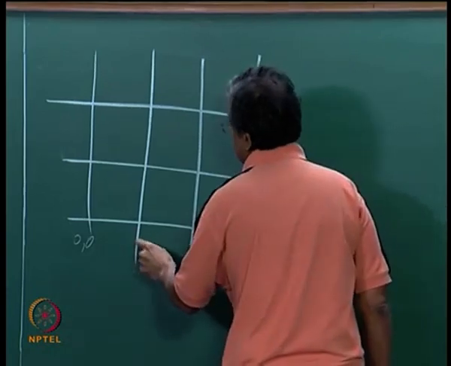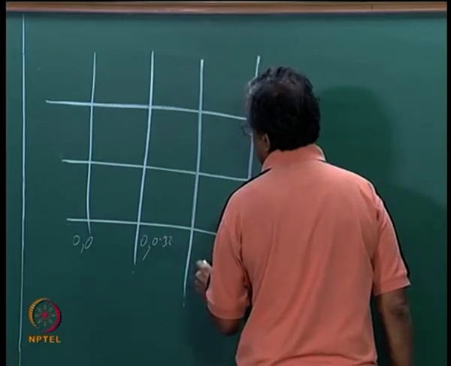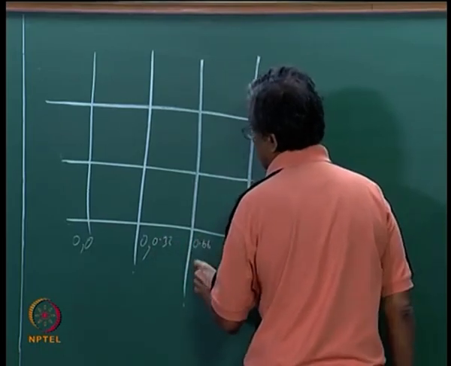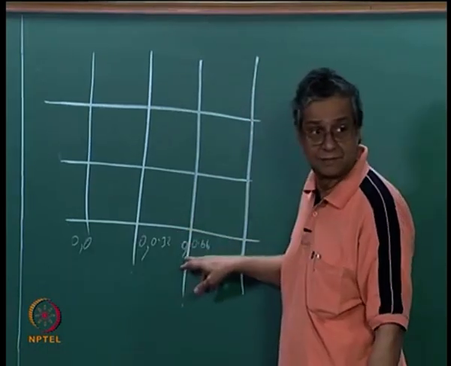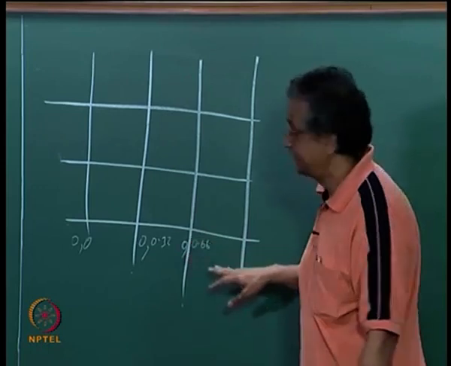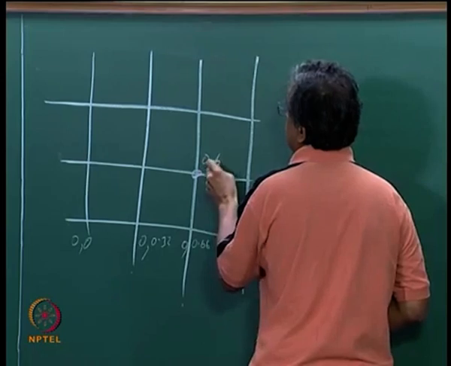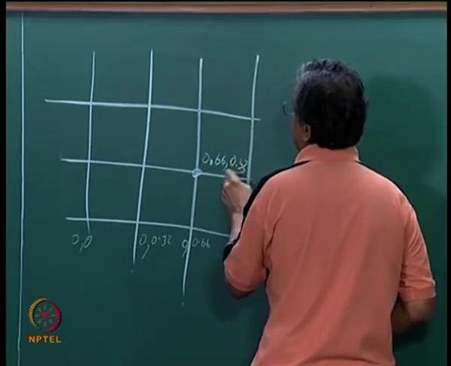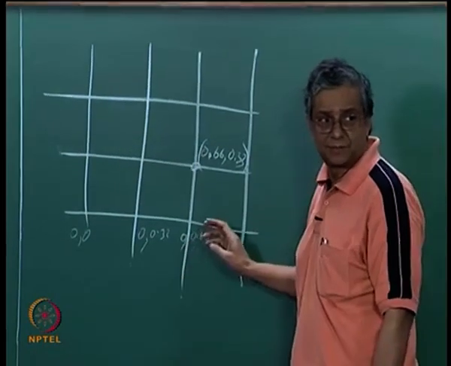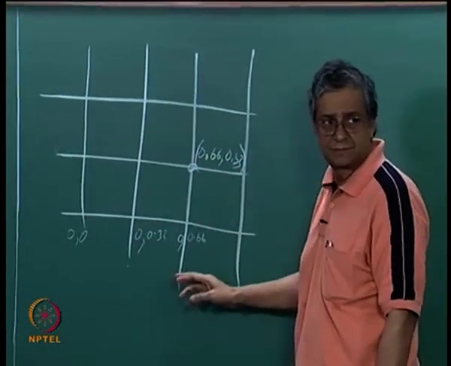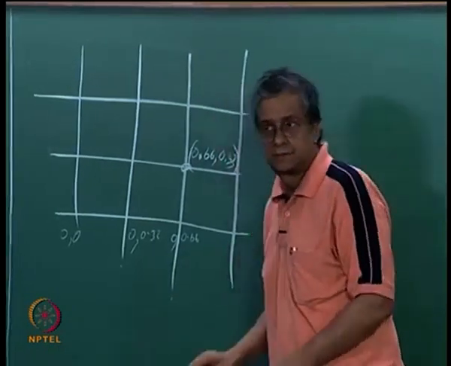So this is 0 comma, in this case, 0.333, 1/3, 0 comma 0.66 approximately. So the x matrix consists of all the x's and the y matrix consists of all the y's. If you are somewhere in between, this would be 0.66 comma 0.33 and so on. So the x matrix consists of all the x entries and the y matrix consists of all the y entries. That is basically what it does for you. Is that fine? Sorry about that.